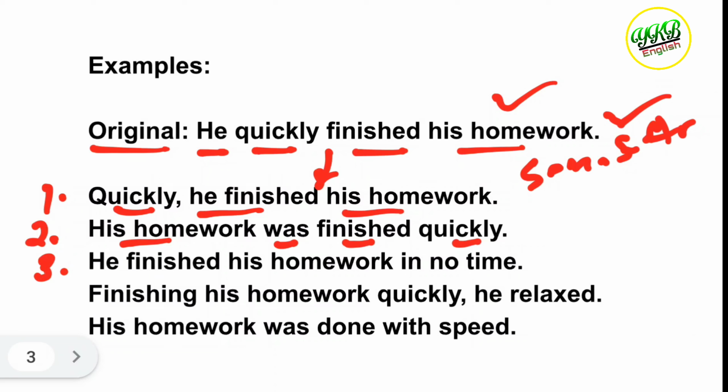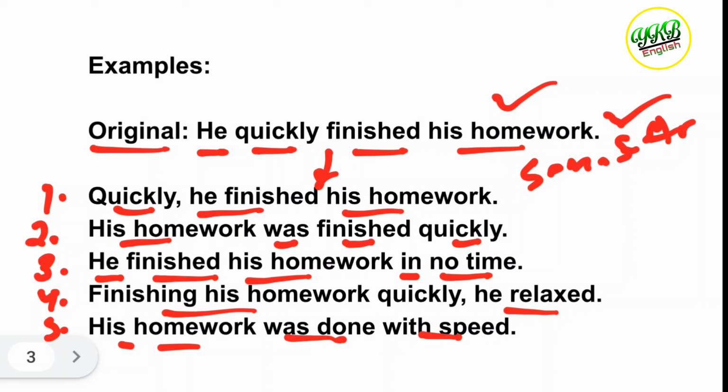The third sentence is: He finished his homework in no time. The fourth sentence is: Finishing his homework quickly, he relaxed. And the fifth sentence is: His homework was done with speed.